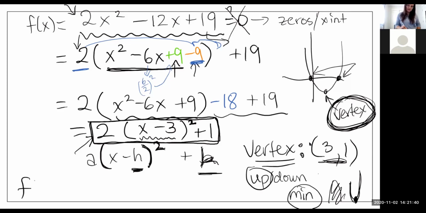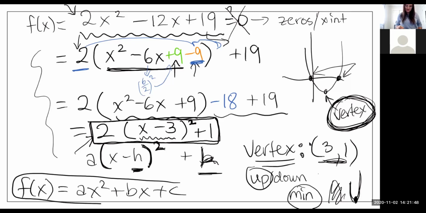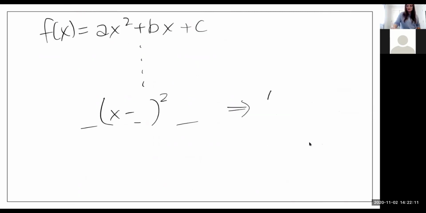If you do this process for the general ax squared plus bx plus c, if you do this exact same process, what you'll find is that the vertex is going to be negative b over 2a. Because if you think of what you end up doing, you end up taking the a out.